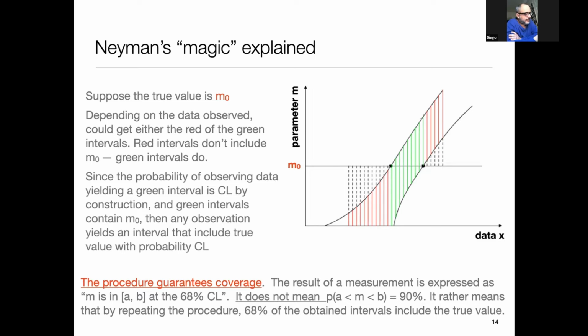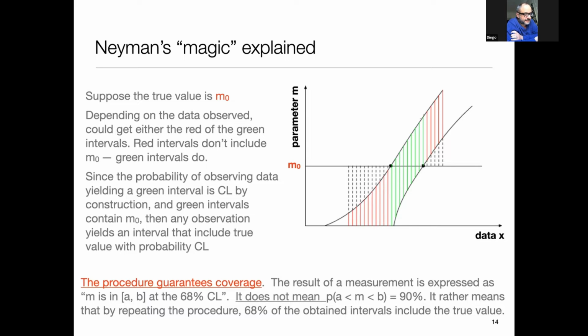Since the probability of observing data yielding a green interval is equal to the confidence level, in this case 68% by construction, and since the green intervals do contain m0, the logic tells you that any observation yields an interval that includes the true value with probability equal to the confidence level, so 68% in this case.